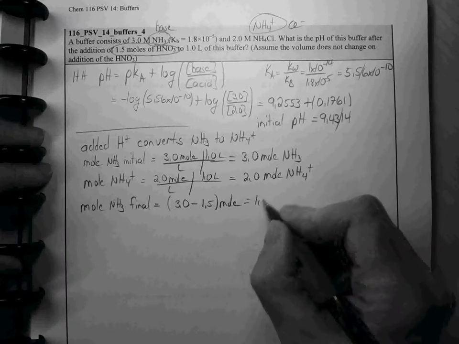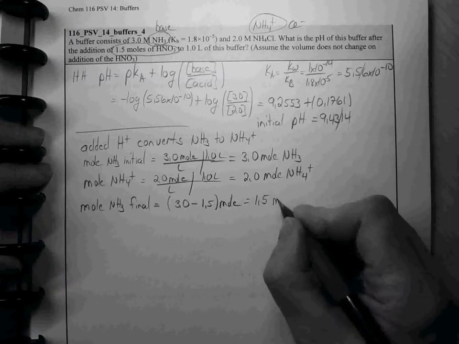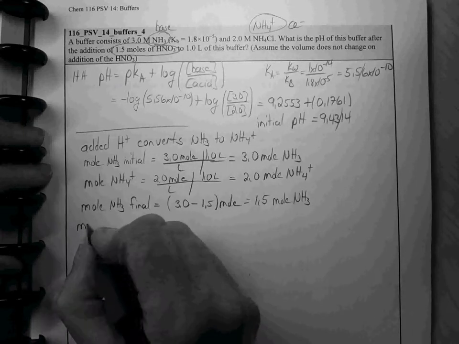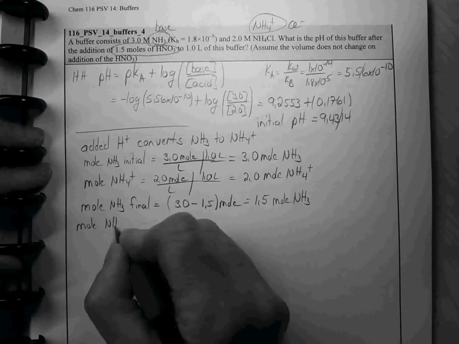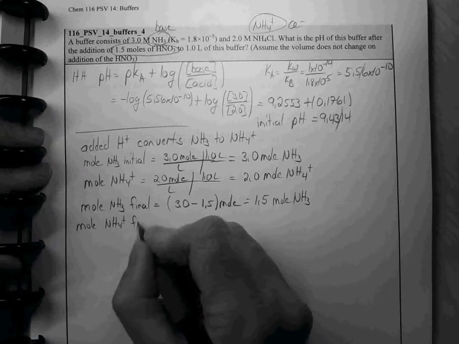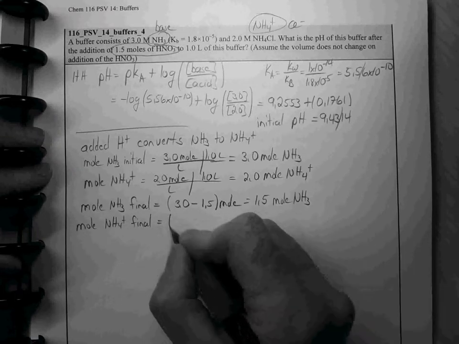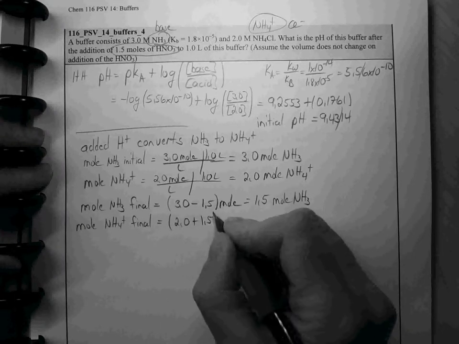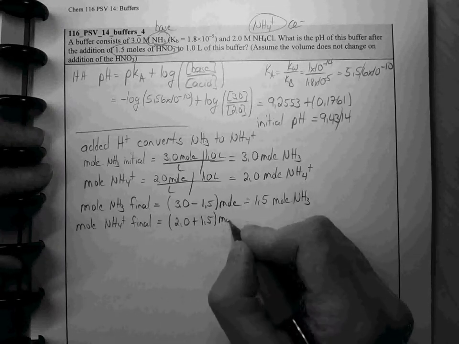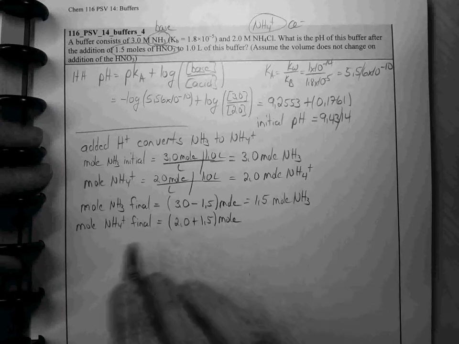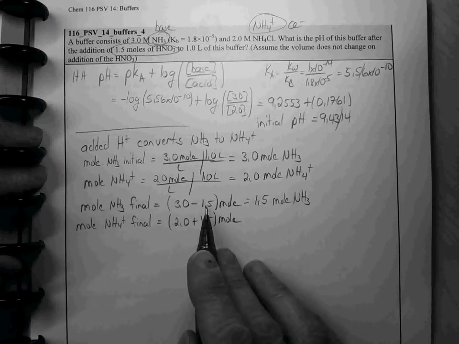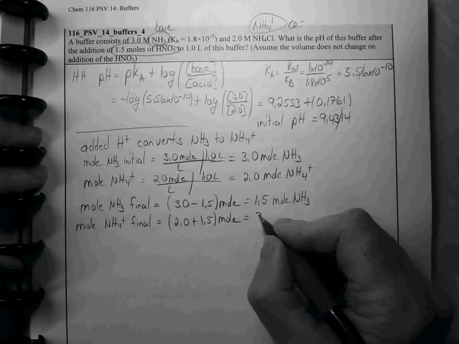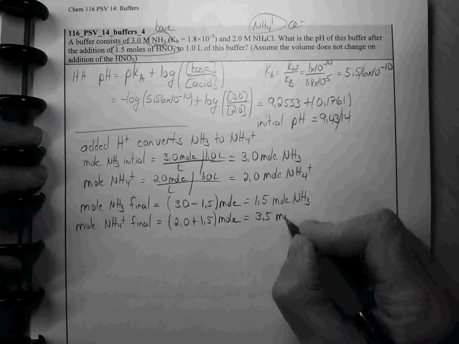So we now know we have 1.5 moles of NH3 left, and the moles of NH4+ resulting, as we started with 2 moles, and we're going to gain the same amount of moles of NH4+ that we lost of NH3. So this is 3.5 moles.